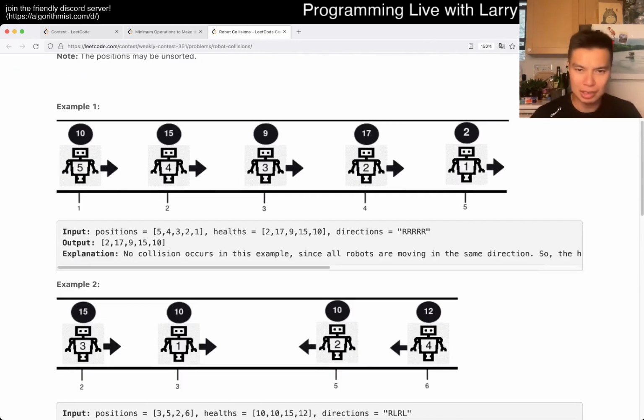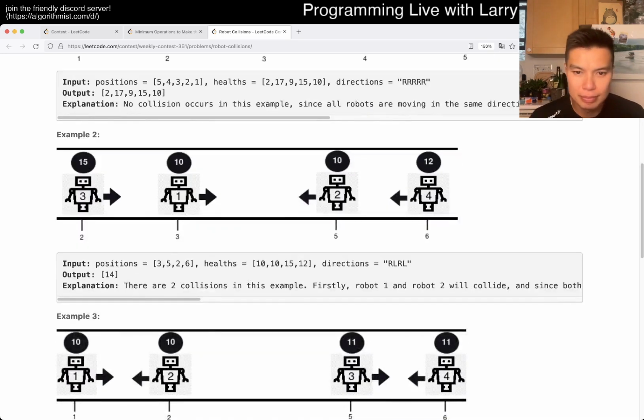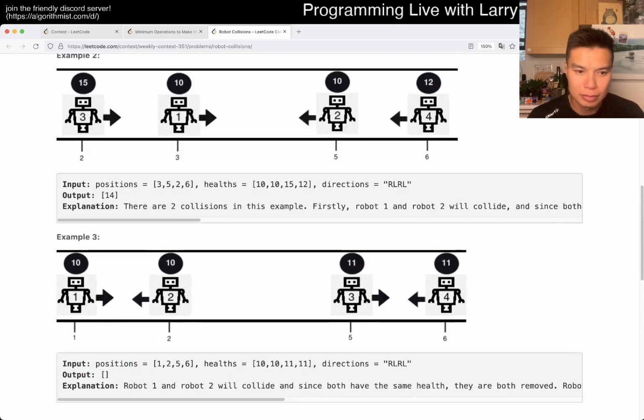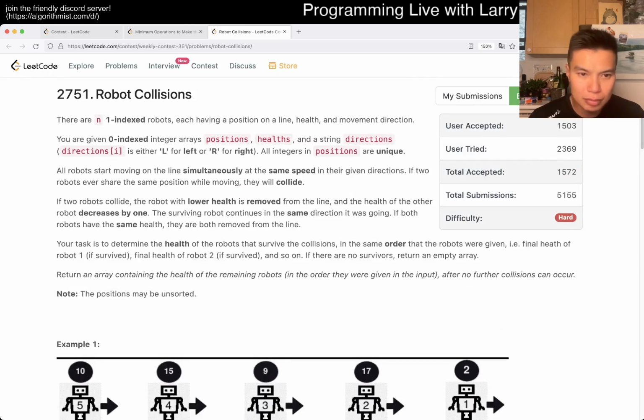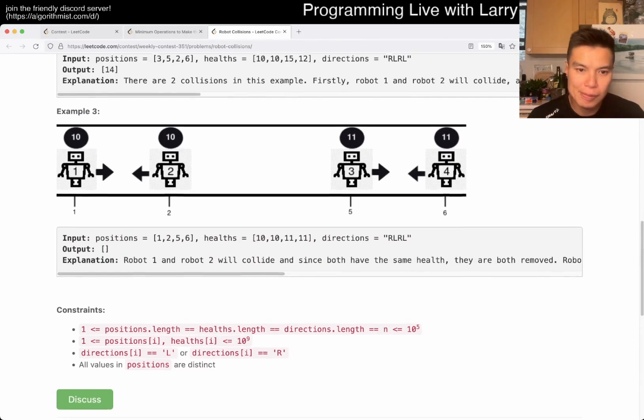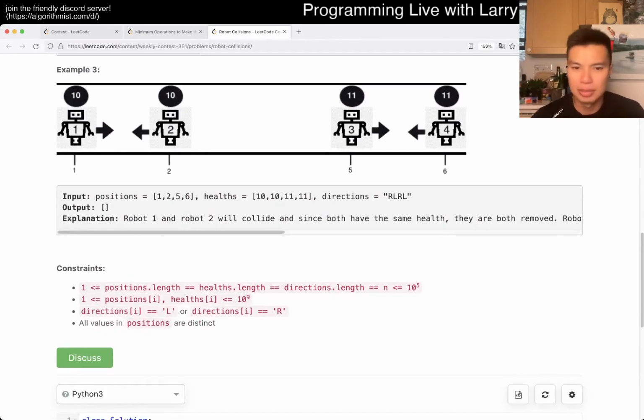I mean, it seems like this simulation, right? They all move at the same speed. Alright, so 10 to the 5th. What can we do?